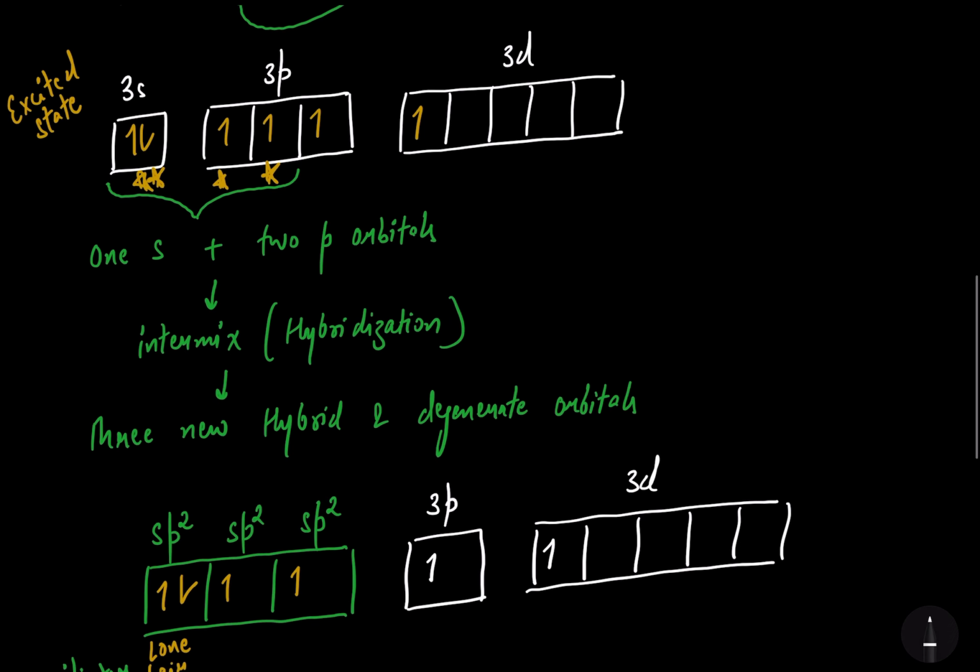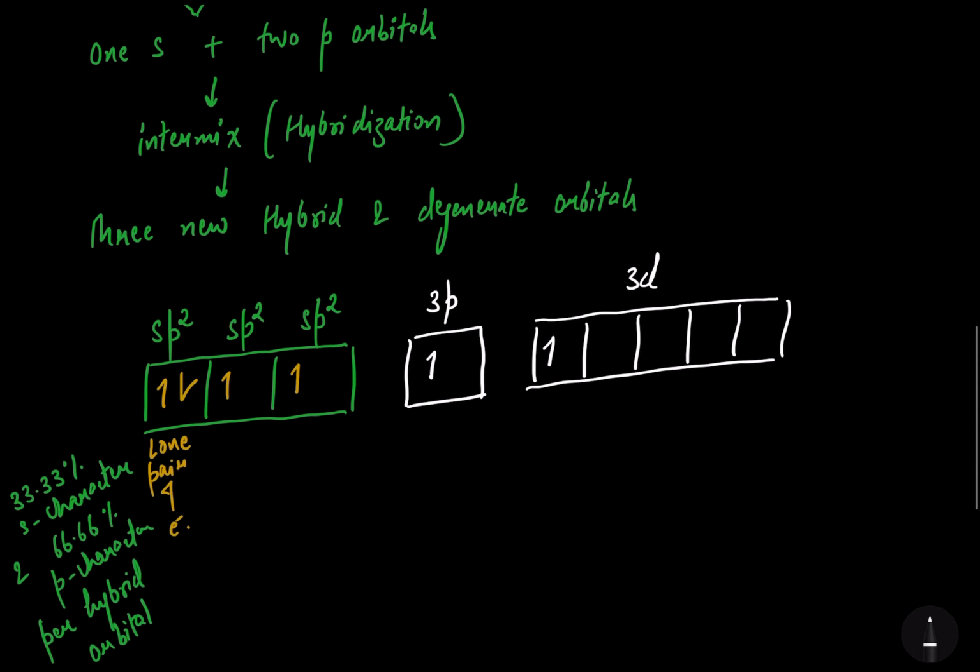I hope you are getting my point, that the 3s and 2 atomic orbitals from 3p have intermixed together to form the 3 sp2 hybrid orbitals. We are left with this 3p orbital, and we are left with this whole 3d subshell with 1 electron which I have made in the last point.